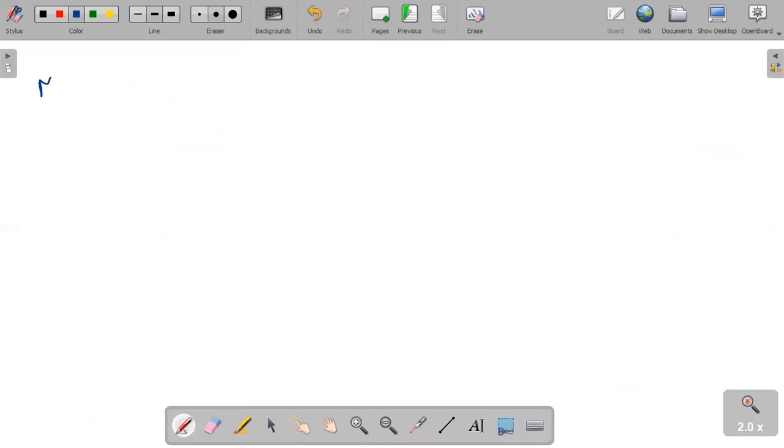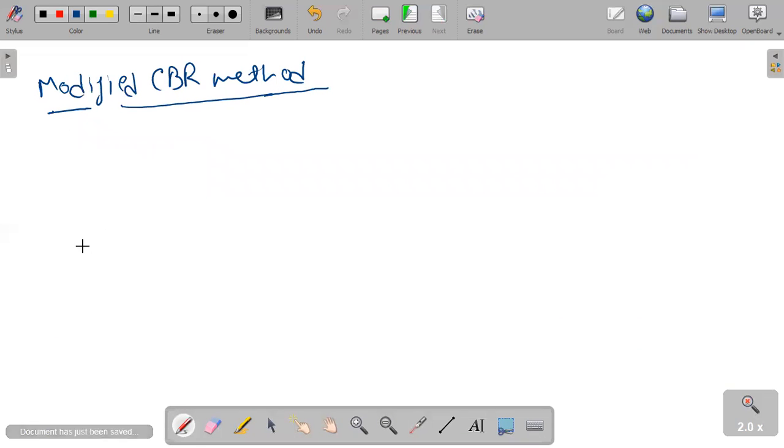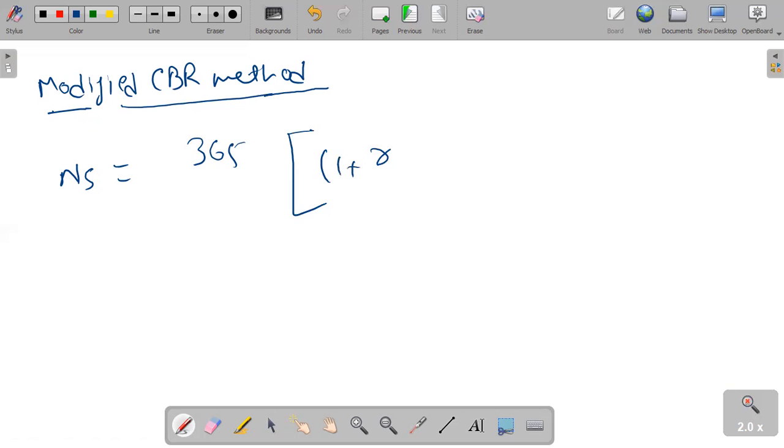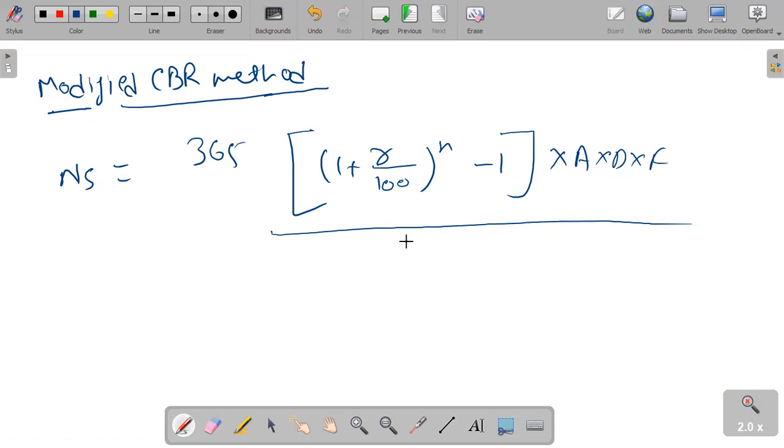So what is it? The modified CBR method. Let's say we have Ns equal to 365 times (1 plus r by 100) to the power n minus 1, into A into D into F, upon r by 100.